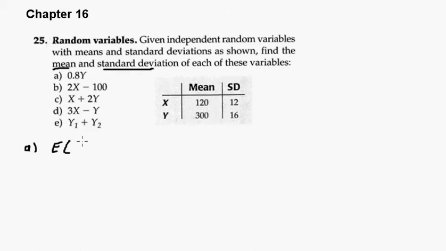So we want to know the expected value of 0.8 times y. So that's just 0.8 times the expected value of y. So that's just 0.8 times 300.